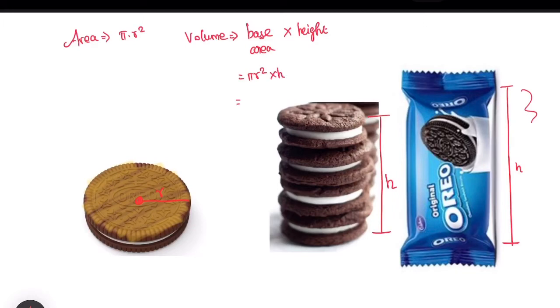So the final value is pi r square h. This is the volume of a cylinder.